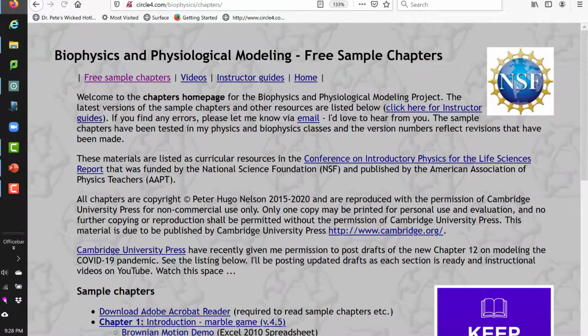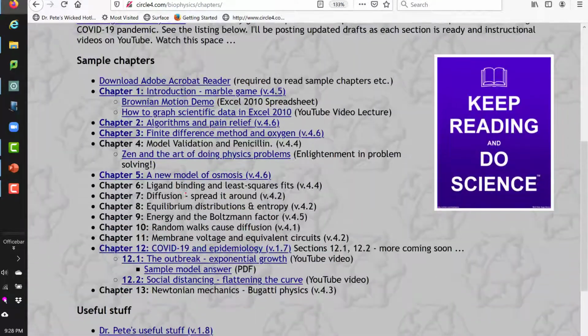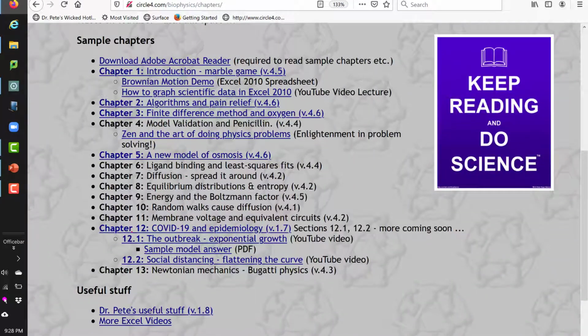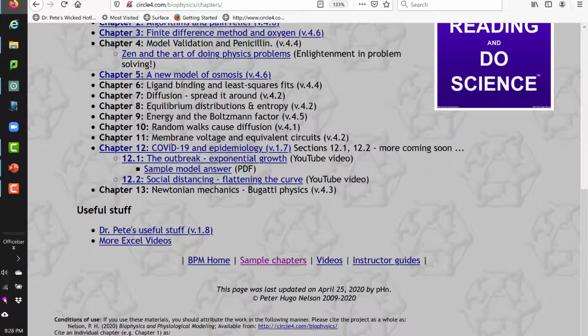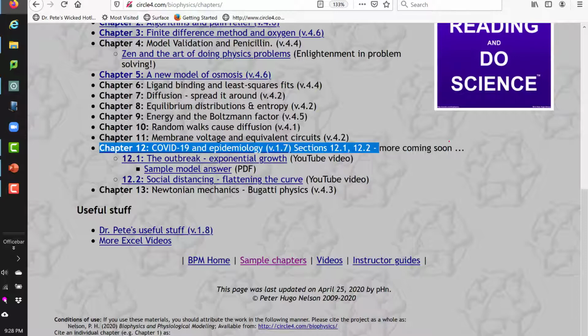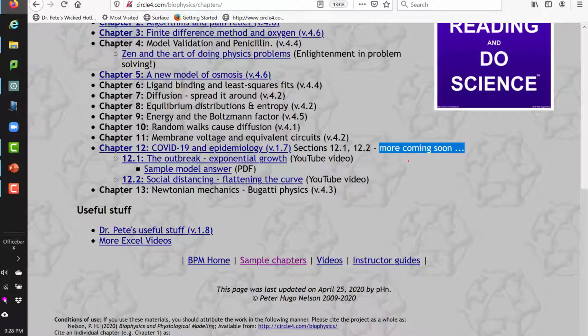If you click on that, it'll give you the list of all the chapters. The one that we're working on right now is Chapter 12, COVID-19 and Epidemiology. I'm currently up to version 1.7, which is sections 12.1 and 12.2. And yes, I'm still working on it. There should be about 6 sections, or maybe more, but probably 6.